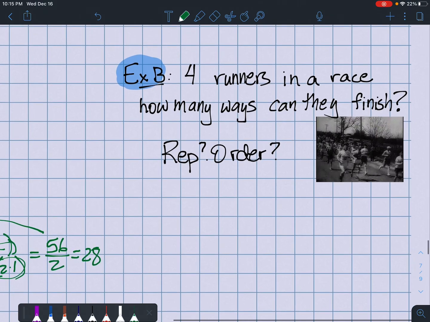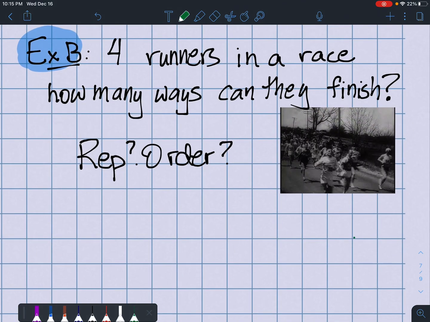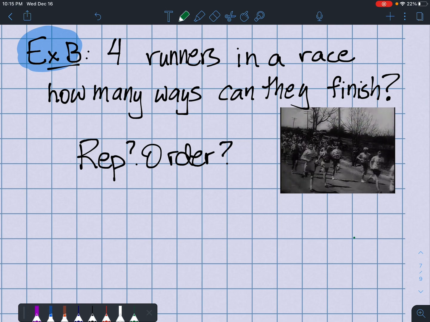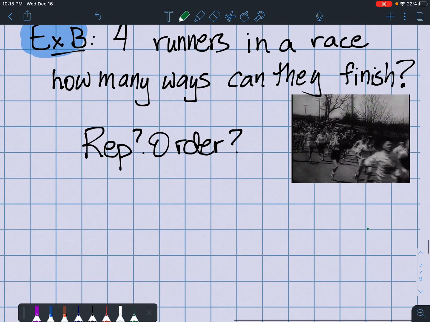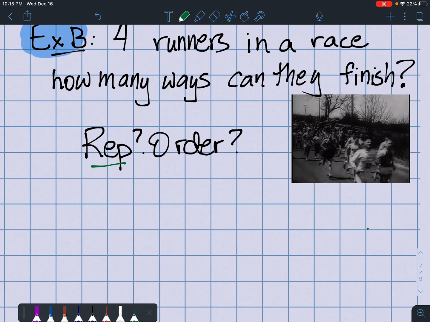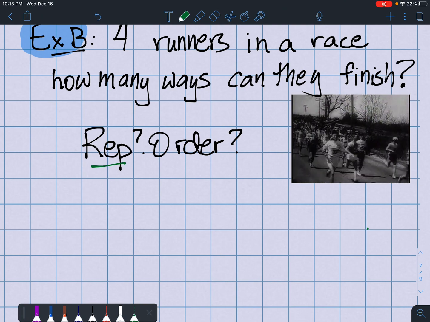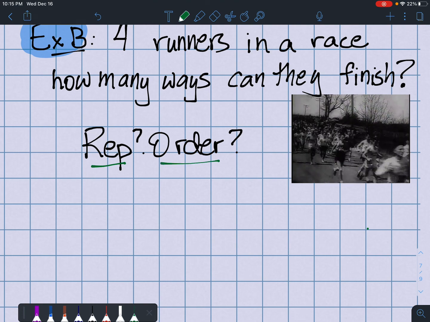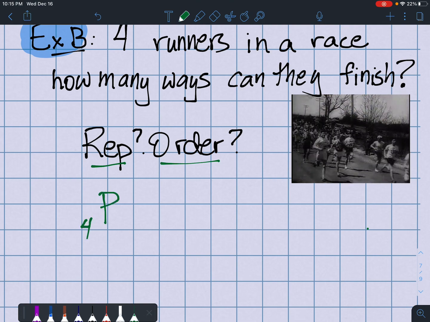All right, next one. Here we have some runners in a race, and there's 4 of them. How many ways can they finish? I know in our video there, it looks like there's more than 4, but we're just imagining there's 4. Again, first of all, can you repeat? No, a runner, once they cross, they can't come back and run again and get second place. Does order matter? Yes, it does. It matters what position you finish in. So this is a permutation. And again, we're taking from 4 things, we're picking 4.